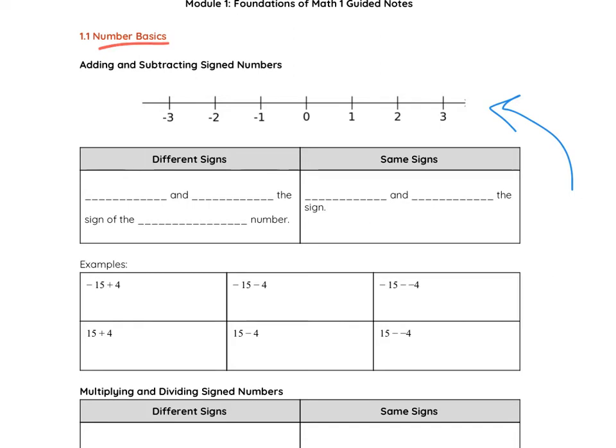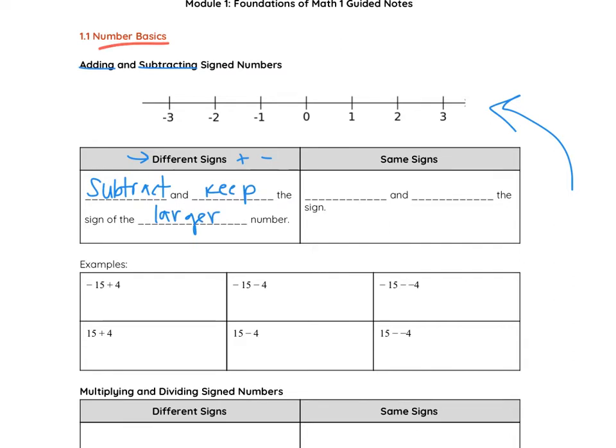So when you're adding and subtracting with signed numbers or any numbers, essentially, if you have different signs, that means one positive and one negative, then what you're going to do is subtract and then keep the sign of the larger number.